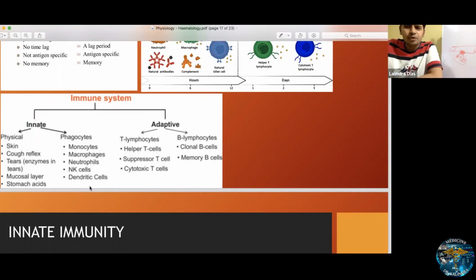Then, adaptive pathway. I told you it's mainly due to lymphocytes. There are two pathways: the T lymphocyte pathway and the B lymphocyte pathway. In the T lymphocyte pathway you have mainly the helper T cells, CD4 cells. Write within brackets CD4. T helper lymphocytes are CD4.